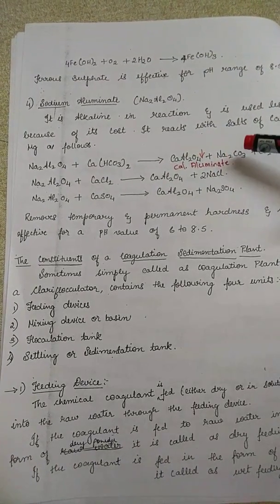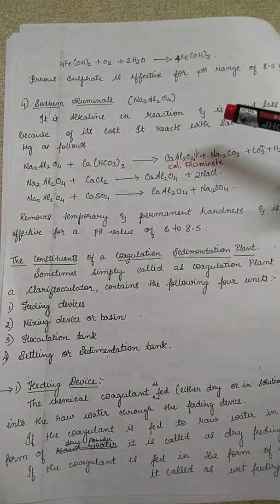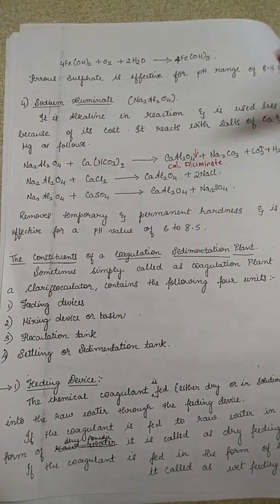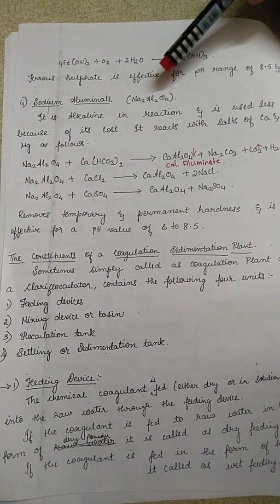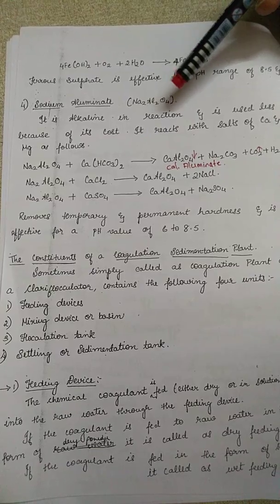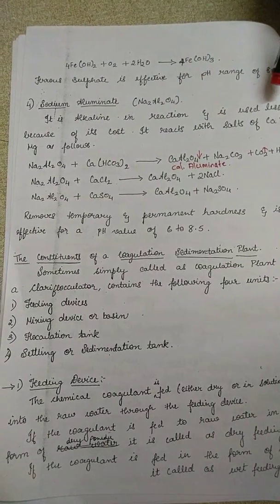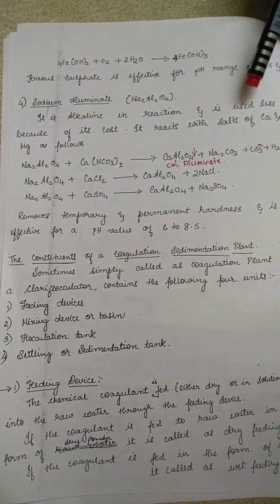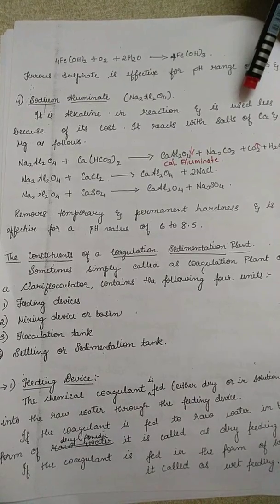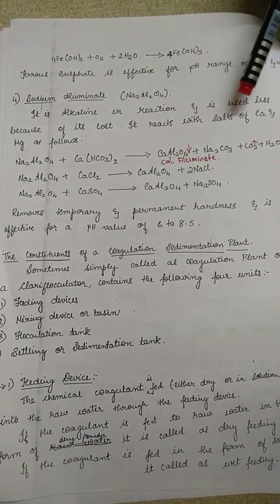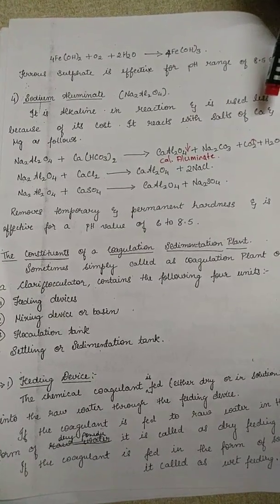Now the next type is sodium aluminate, which has the formula Na2Al2O4. It is alkaline in reaction, and usually it is less used because it is more costly, and it reacts with the salts of calcium and magnesium as follows.